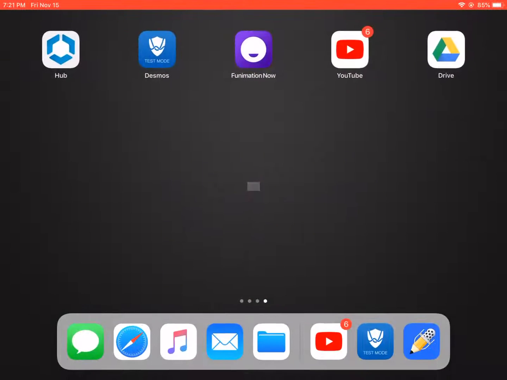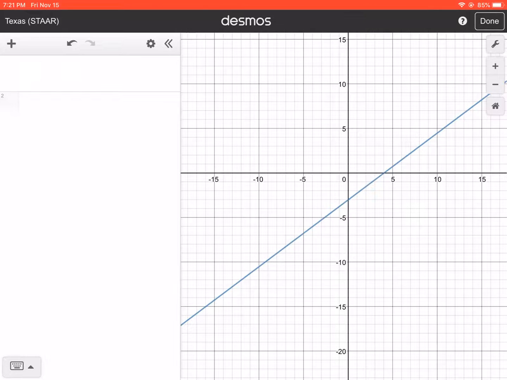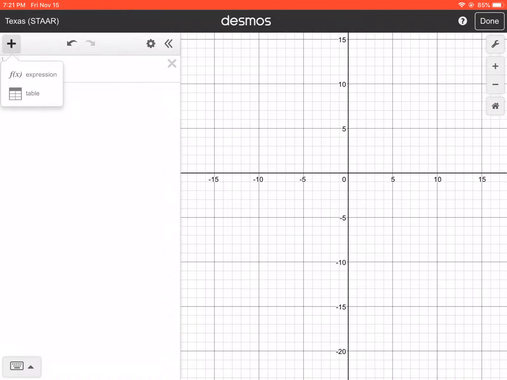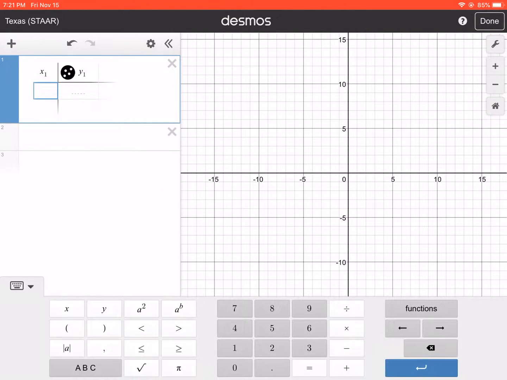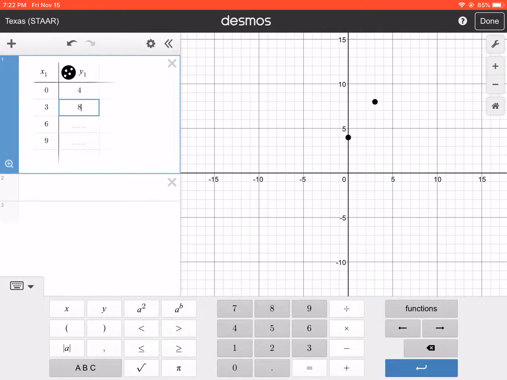So we're going to go to Desmos. You can either fill in the old table that you had if you still have it there, or you can just do a new one. I'm going to do a new one since I deleted mine. So 0, 3 at the bottom, 6 under that, and 9. And then on the right we have 4, 8, 12, and 16.